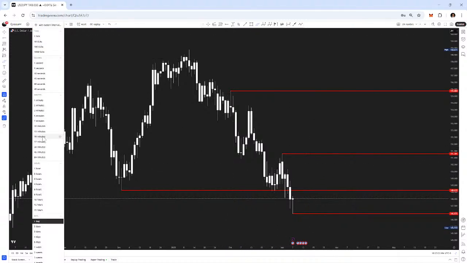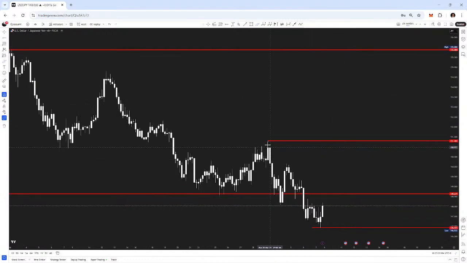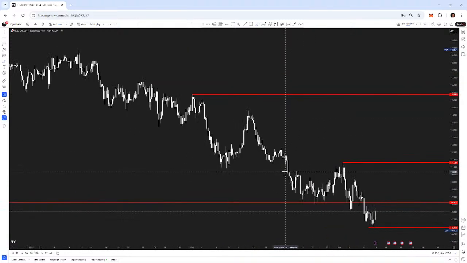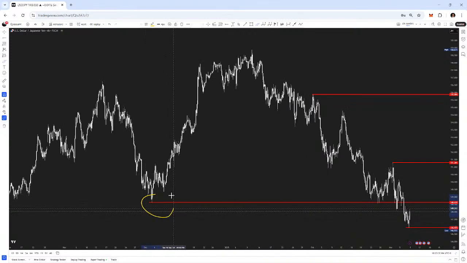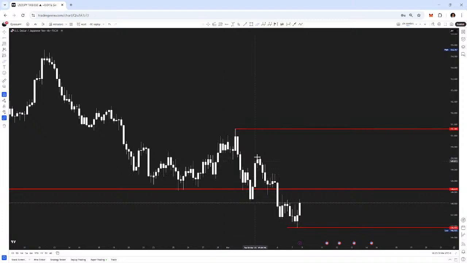So these are the levels that are most important to me. Let's go to the 4-hour chart, right? To look at this particular swing low. This is the market structure that I'm looking for, and as you already know, this is the low that's very interesting to me at the moment.